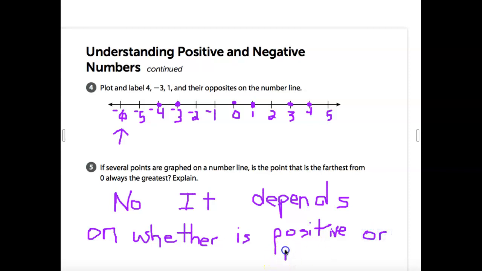Negative numbers are always smaller than positive numbers.